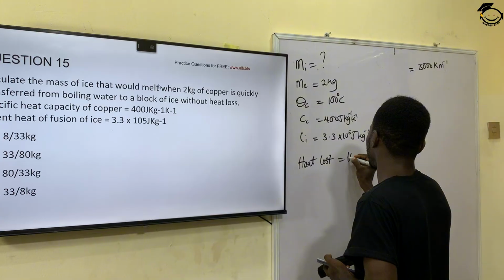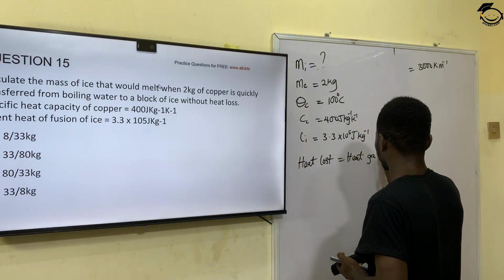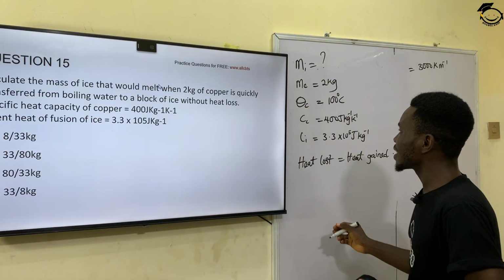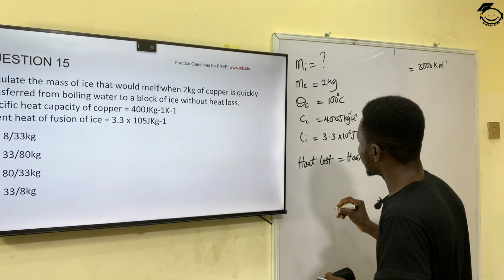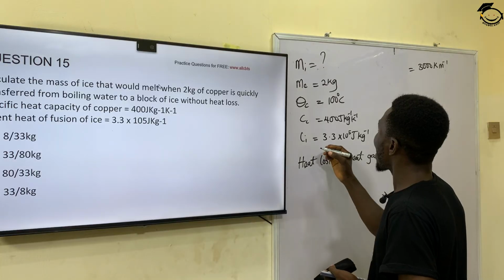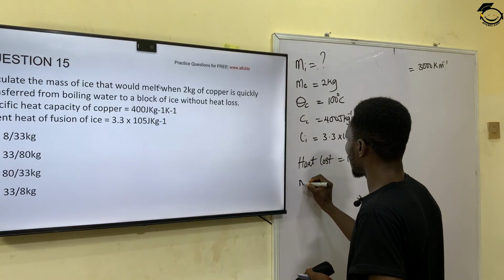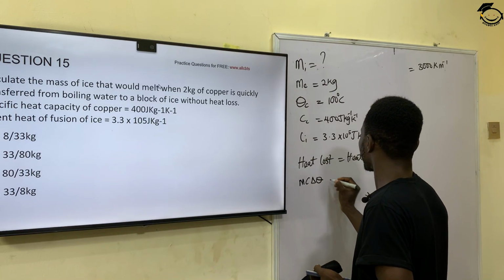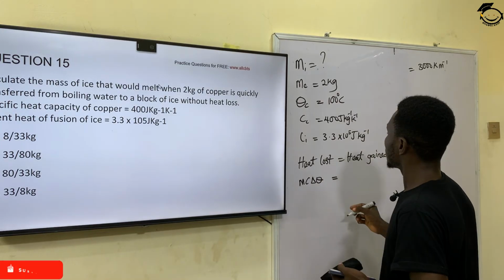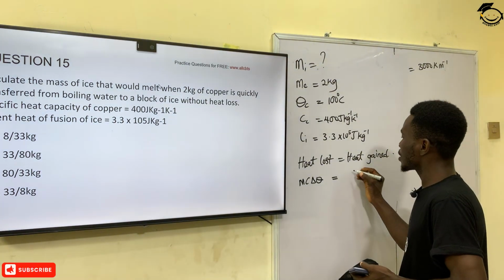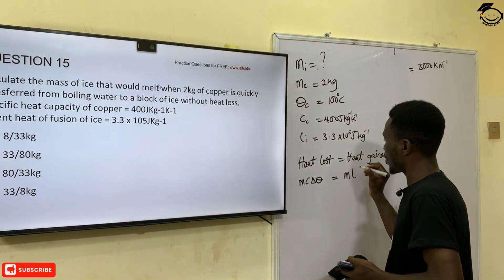So you tell them first that the heat lost must be equal to the heat gained. This means that the heat lost by the copper must be equal to the heat gained by the ice. So it means that here my copper has what? Specific heat capacity, which is what? MC change in theta must be equal to the heat gained by the ice, here is latent heat, which is what? ML.